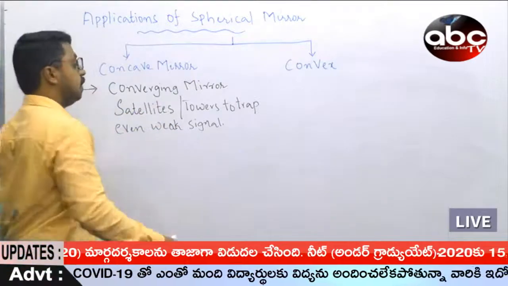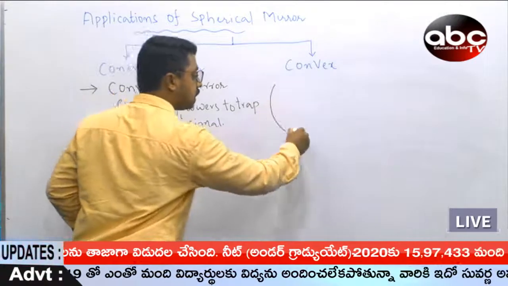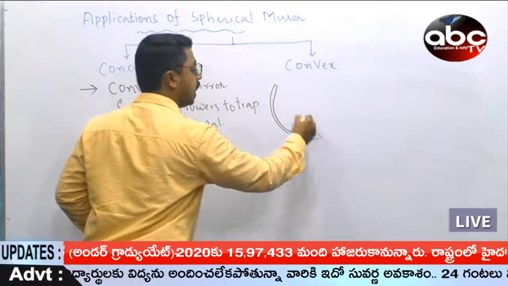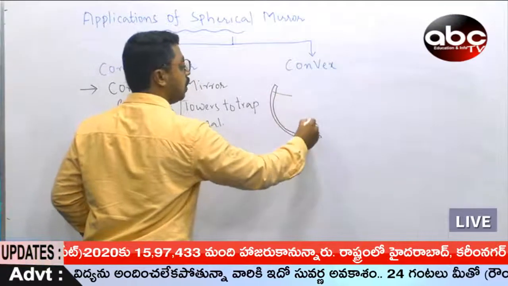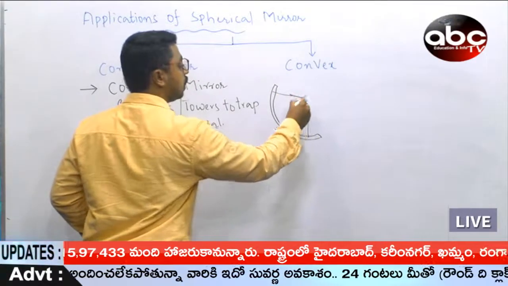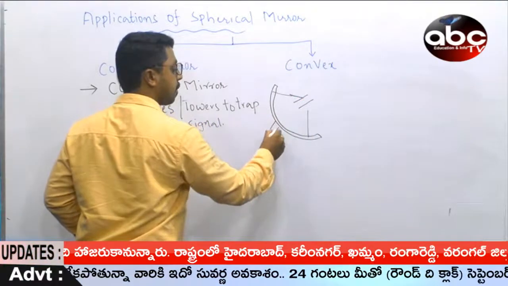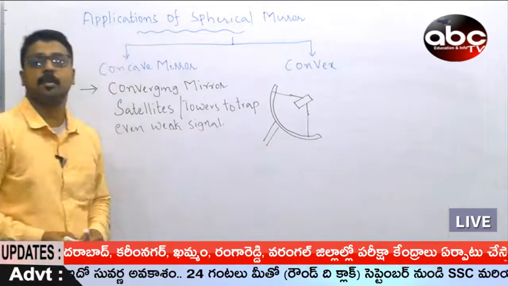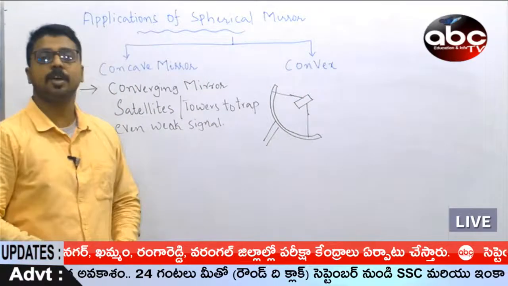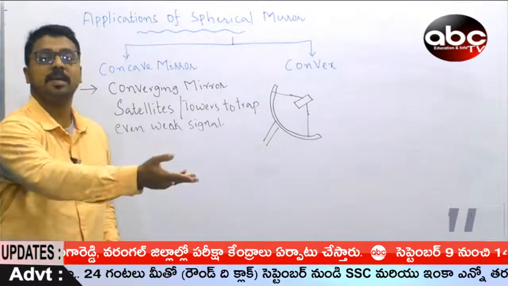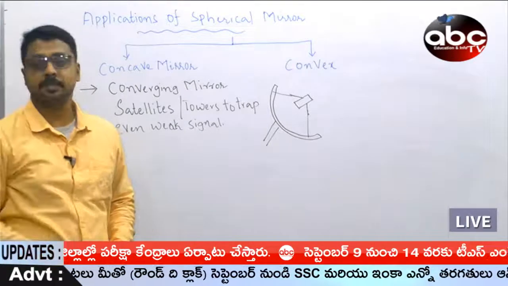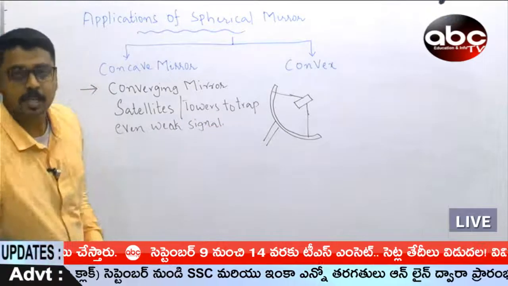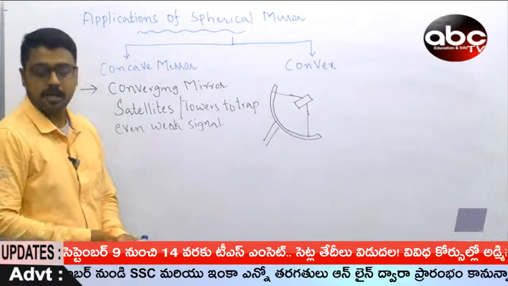We can even observe this in the TV cable dishes which we have placed at the terrace. So it is going to trap even weaker signals.